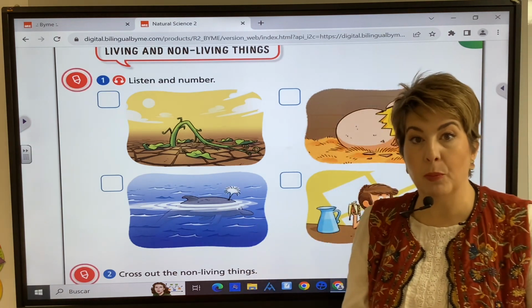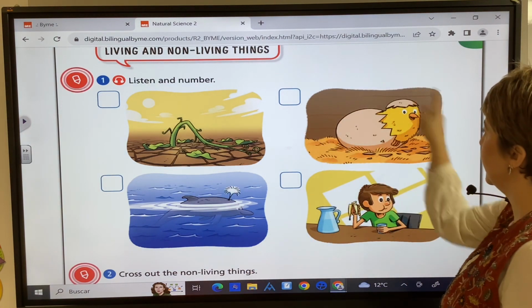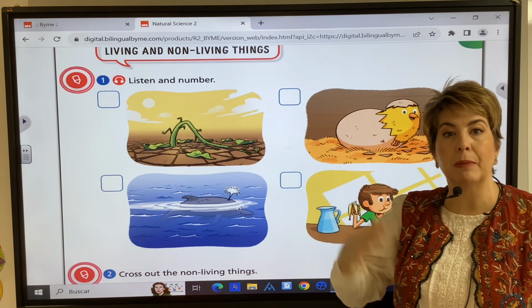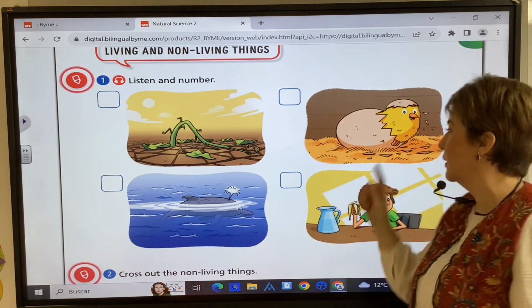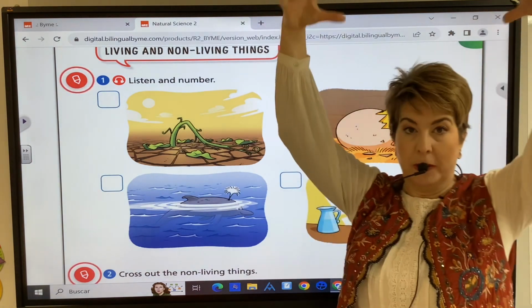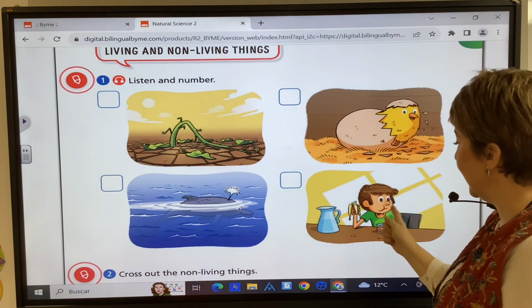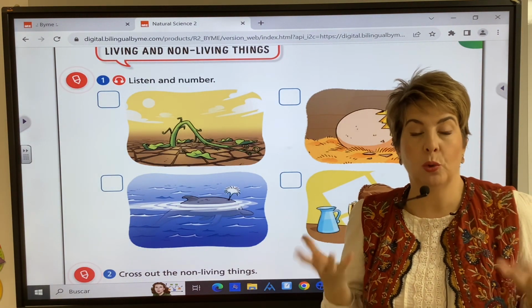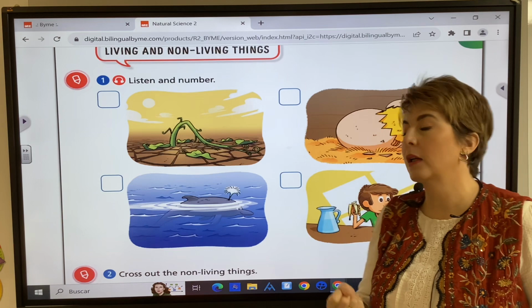Living things are born, like this chick. This chick is born from an egg, but living things can be born also from the mother. Grow, okay? Eat and drink or absorb nutrients from the ground.